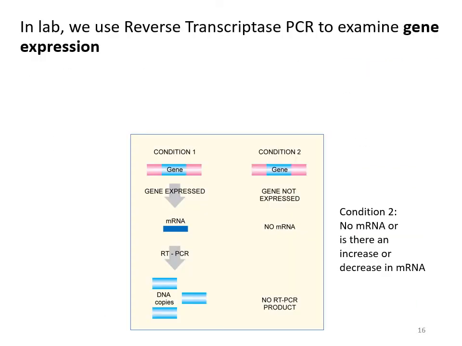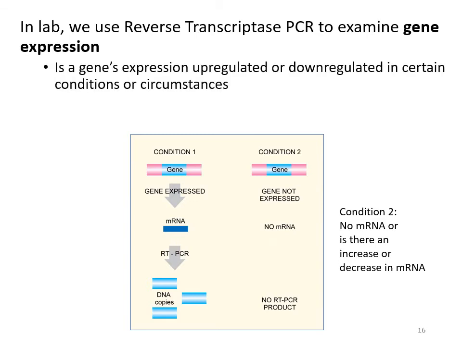Now that reverse transcriptase PCR is very valuable to us in the research field because it allows us, like I said, to examine gene expression. So you can look at whether a gene's expression is upregulated or downregulated in certain conditions. Basically meaning you'll have two different conditions and you'll ask yourself, when do I see a greater signal?